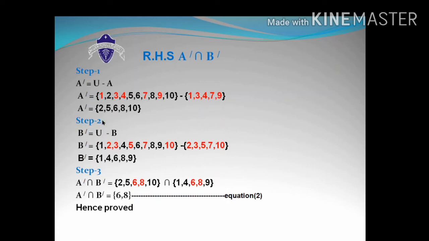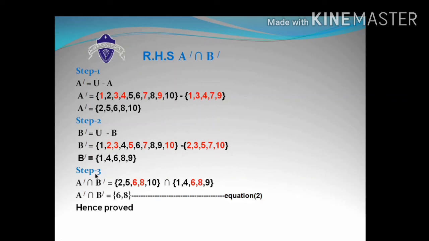In step 2 we will find B', which is equal to U − B. This is the formula to find B'. So B' is equal to the members of the universal set minus the members of the set B. So B' is equal to {1, 4, 6, 8 and 9}. This is step number 2.